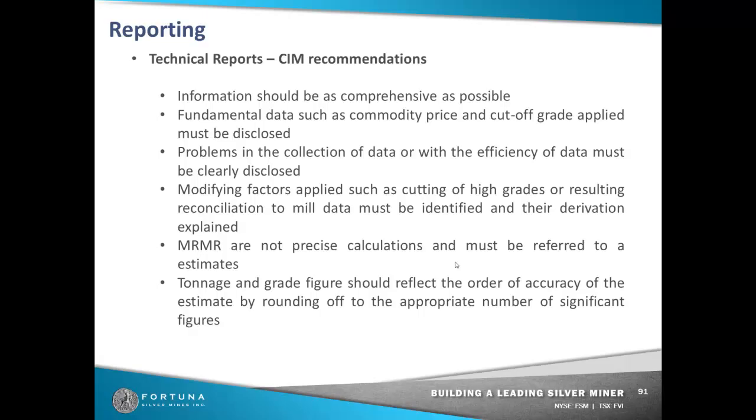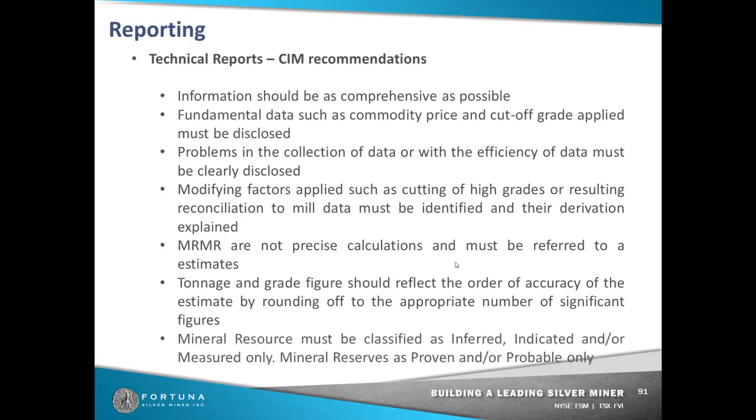And similarly, if you were to report a gold grade to the 6th or 7th decimal place, it's highly unlikely with the types of evaluation processes that you would gain that level of accuracy. Mineral resources must be classified as inferred, indicated and/or measured only, and mineral reserves as proven and/or probable only.